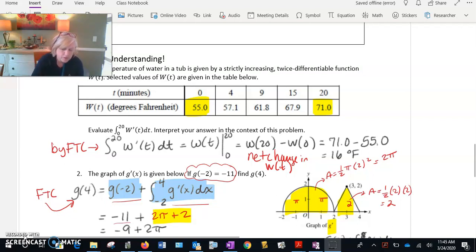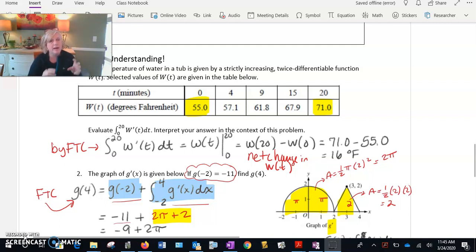All right, multiple choice wise, you want to watch for these questions where they're asking you for a function value. When they say it's an antiderivative, that means it's not the quote unquote accumulation function.